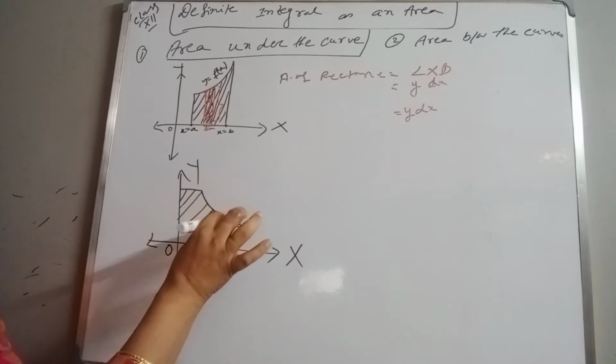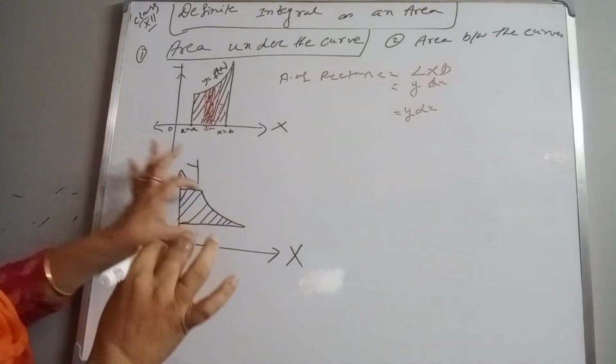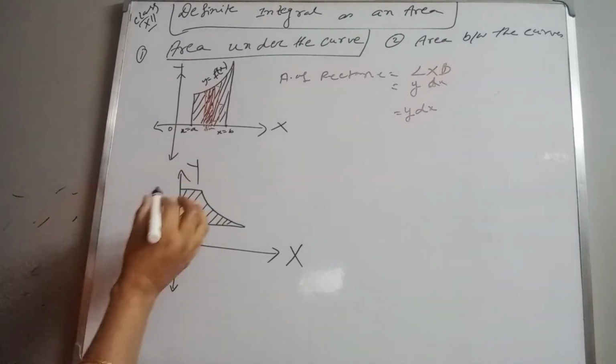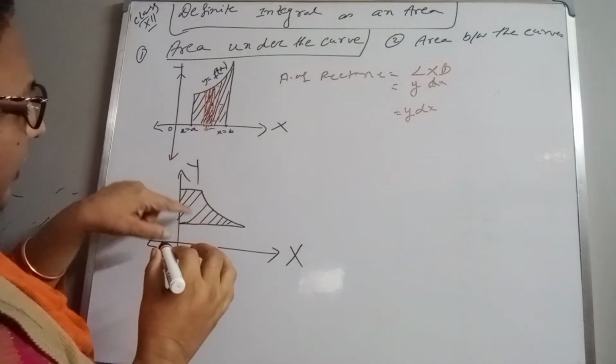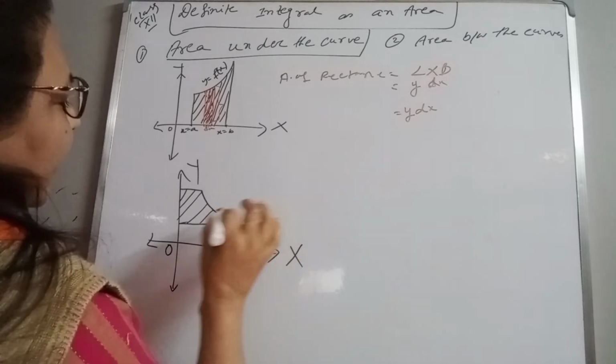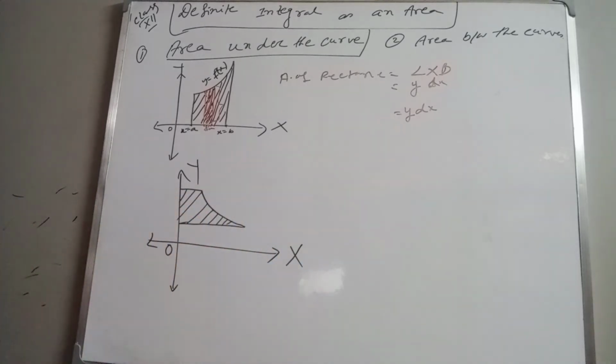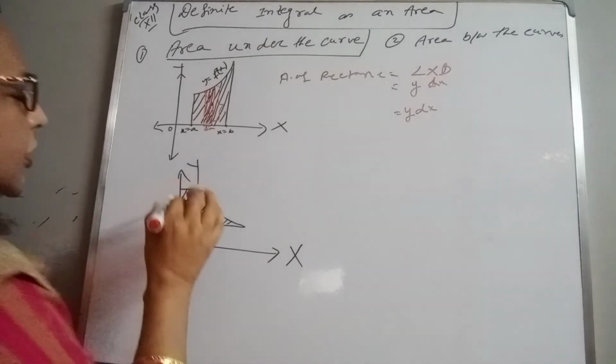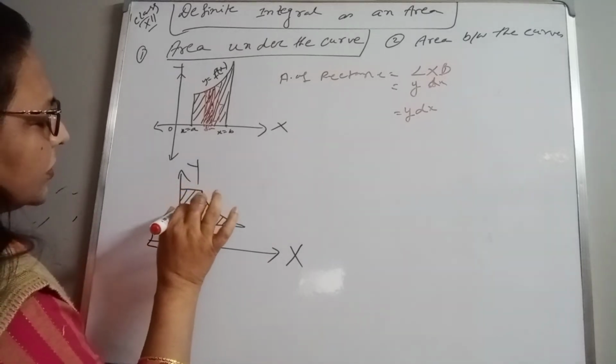That means when the y-axis and the curve are there, the area between the y-axis and the curve is this. So we will find it. Same thing here, we can take a small strip.